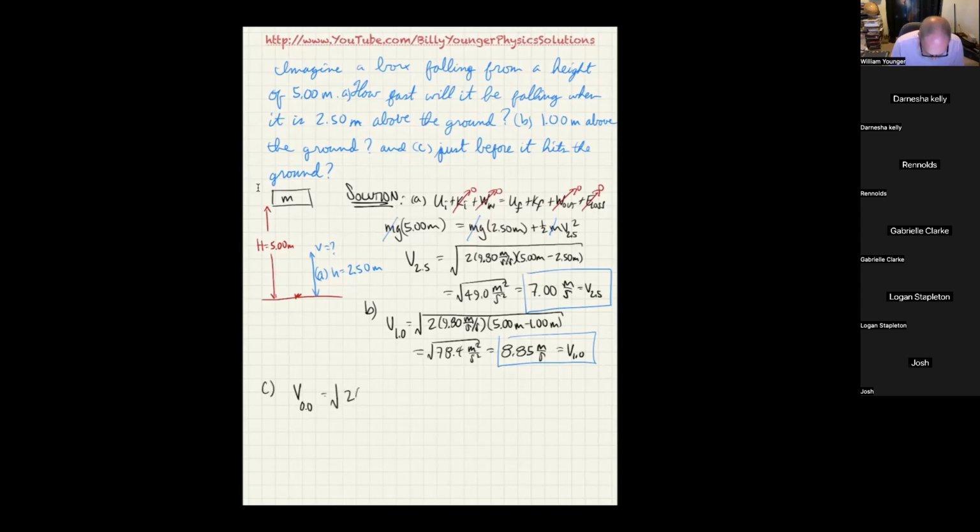That's going to be 2 times 9.80 meters per second squared times 5.00 meters minus 0.00 meters. So in this case, I get 2 times 9.8 times 5, and that's 98. And then the square root of 98 is equal to 9.899.